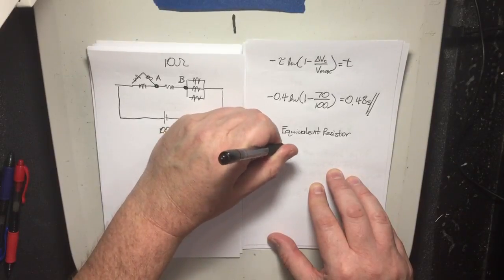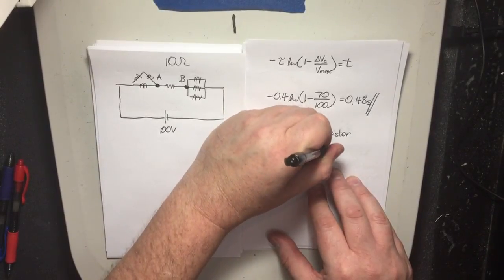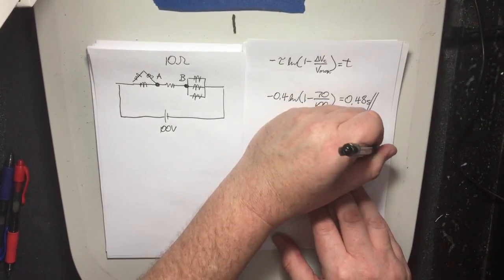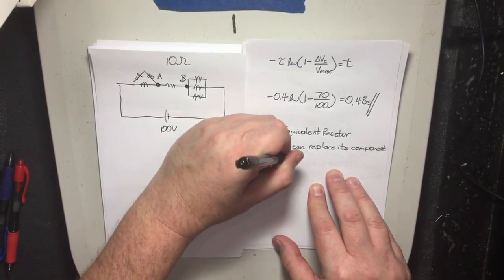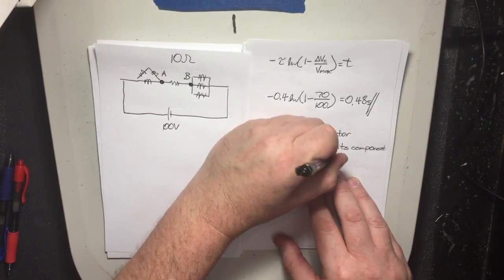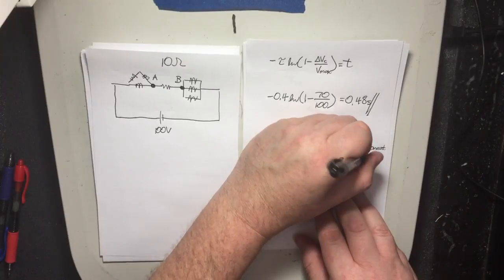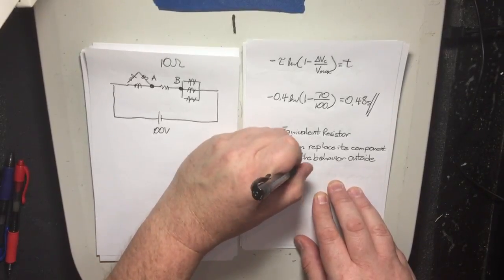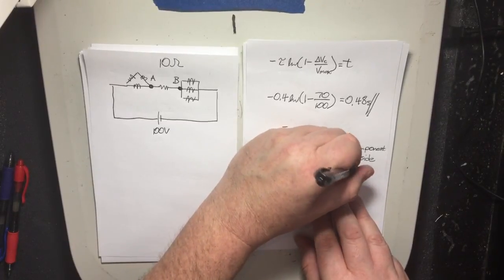REQ can replace its component resistors and the behavior outside of that equivalent resistance will not change.